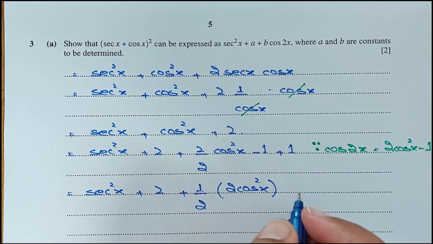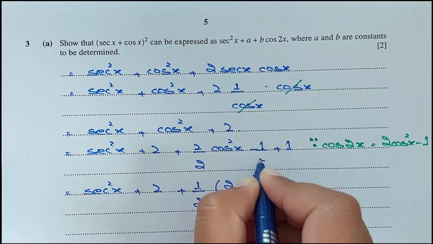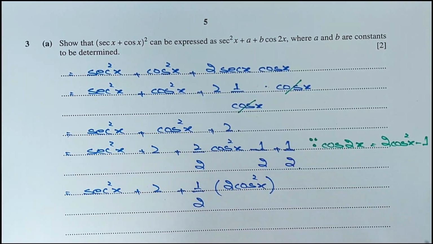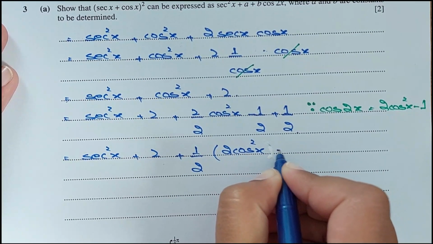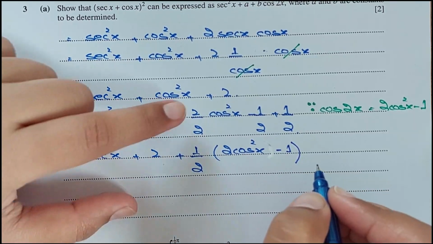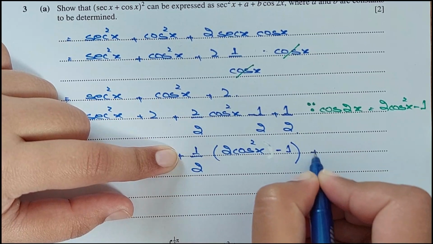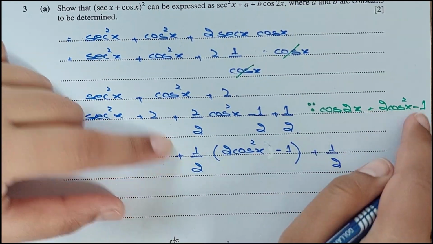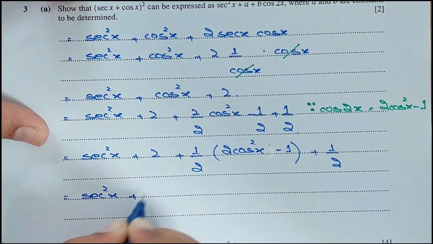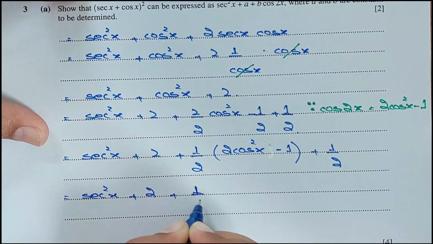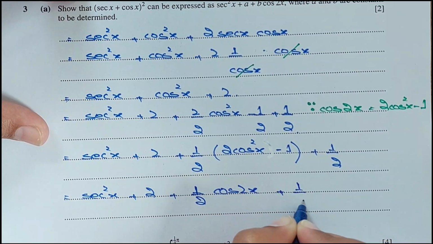right, and we have to basically divide by 2 as well. 1 by 2 we can take, for taking negative 1 common, we have negative 1. So 2 cos square x minus 1, 1 by 2 is outside, plus 1 by 2. So 2 cos square x minus 1 is cos 2x, which is secant square x plus 2 plus 1 by 2 cos 2x plus 1 by 2.